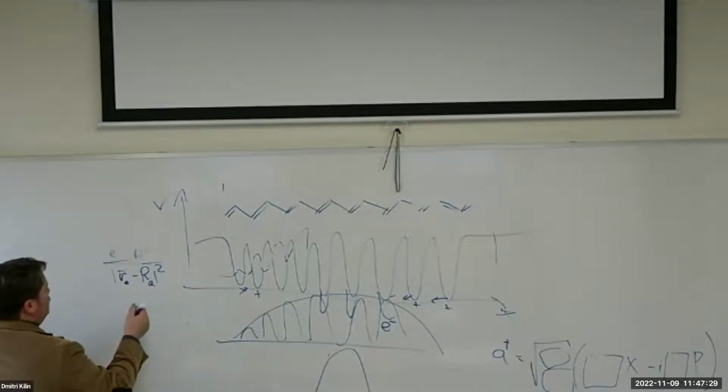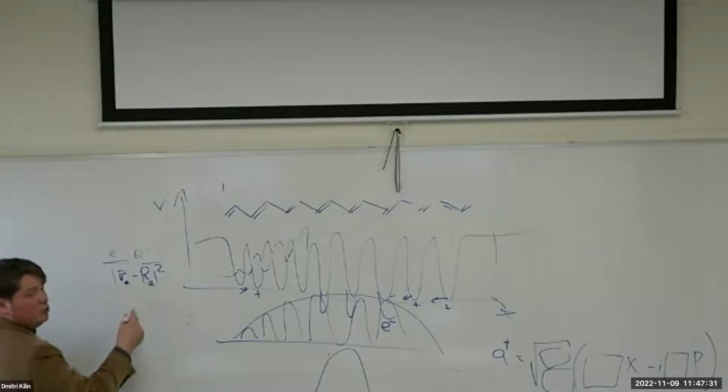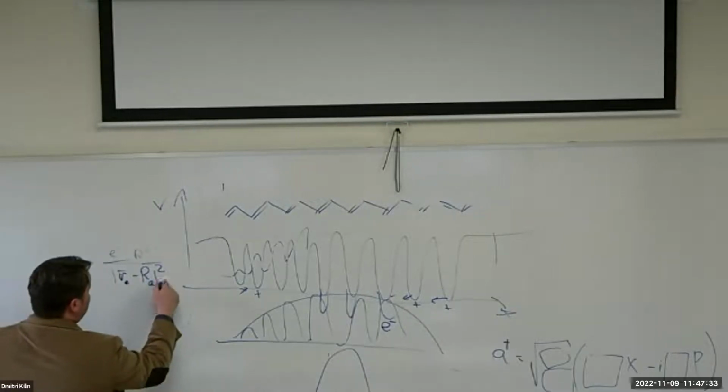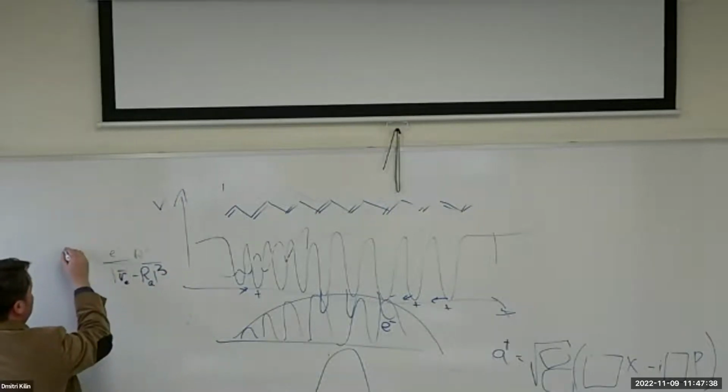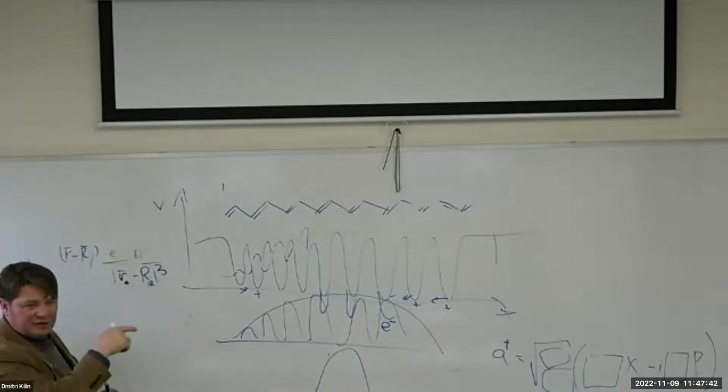Since this absolute value squared doesn't have direction, we can put, let's say, r here and multiply it by the vector r minus r' without modulus. And then it will have direction.